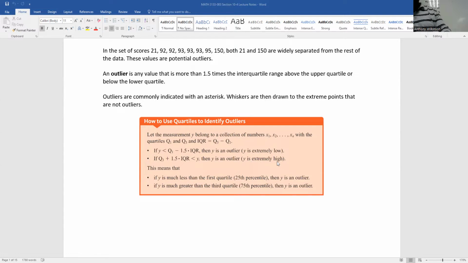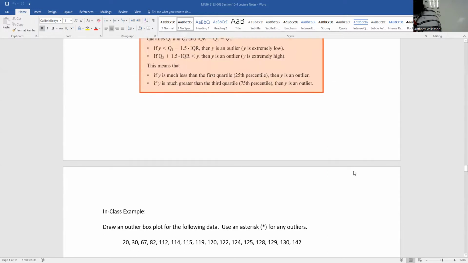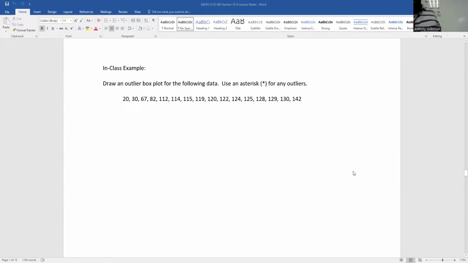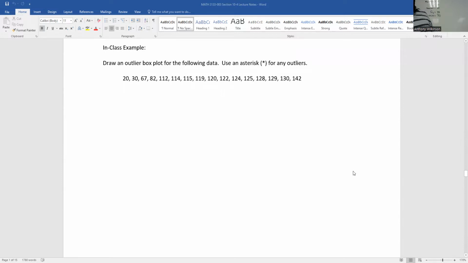Now, let's look at this example right here on the next page. In fact, we're going to do this together. Usually they call this an outlier box plot for this data set. And here we want to draw an outlier box plot.